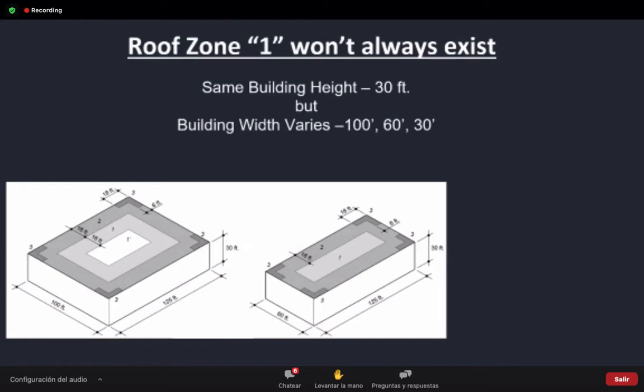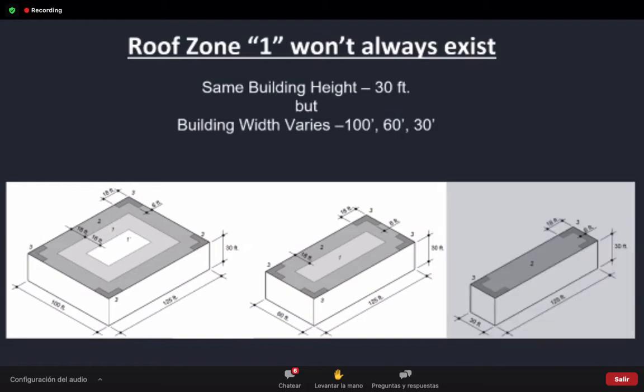So we've eliminated zone 1 prime, and lastly, if we go to a 30-foot wide building, now you've done away with zone 1 as well, because the width of the building is only large enough to have zone 2. So a lot of things to keep in mind: these layouts are very much dependent on the height and the width of the building when we're determining this layout.